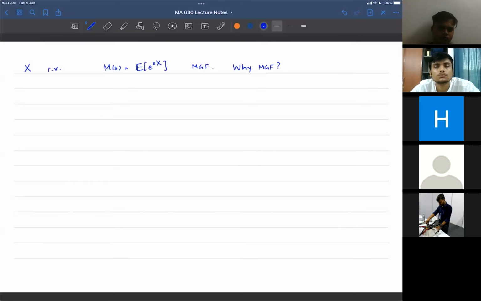What are you going to say? Gaurav, what will you say? The expectation of x cubed, right? Okay. So I'm calling this moment generating function. Does anyone want to guess why I'm doing that?